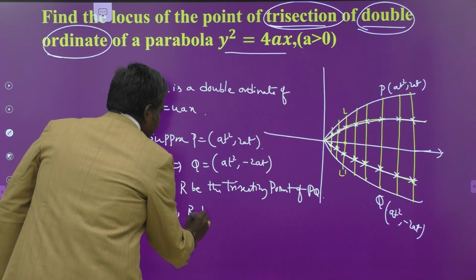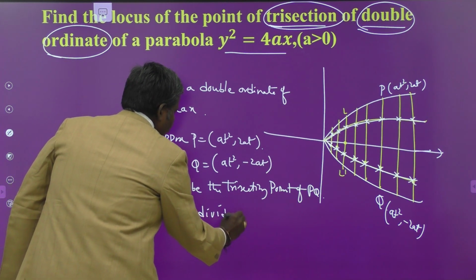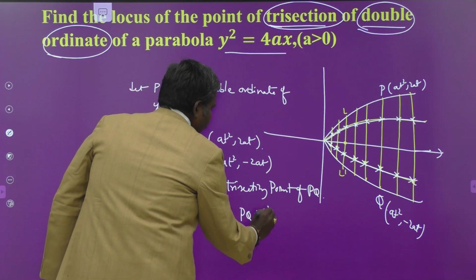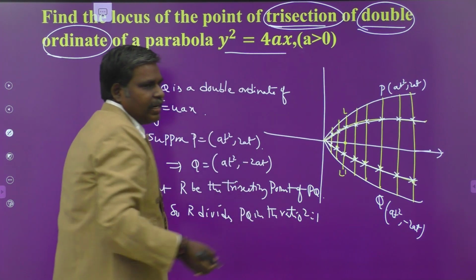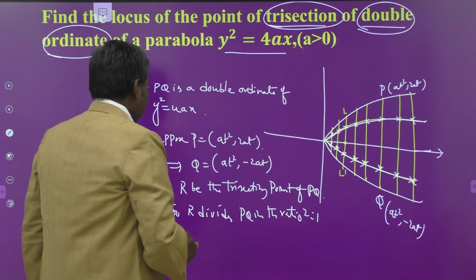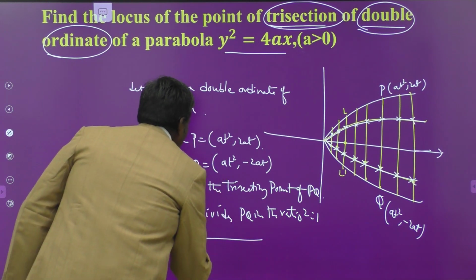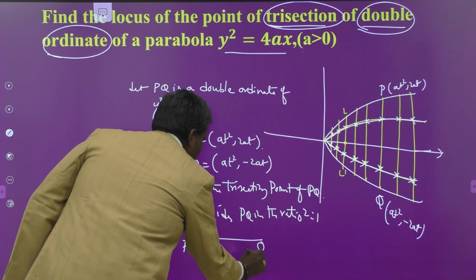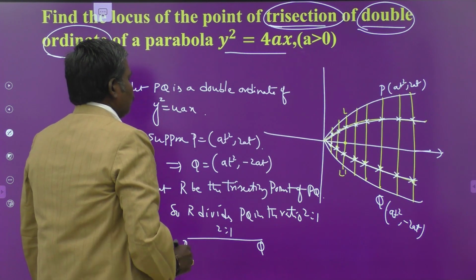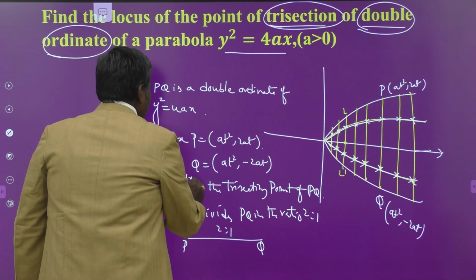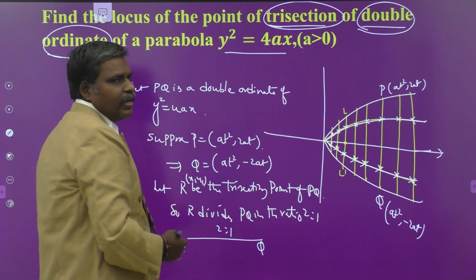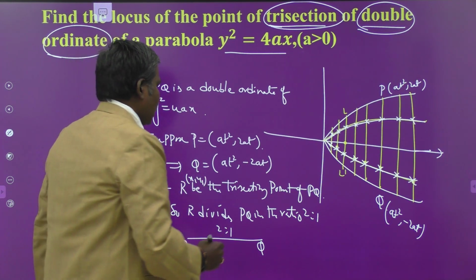So R divides PQ in the ratio what? 2:1. You may take 1:2 also, no problem. So this is the P, this is Q, the ratio is 2:1, my dears. So let R be the trisection point. This is the point on my locus, say x1 comma y1. R is x1 comma y1.